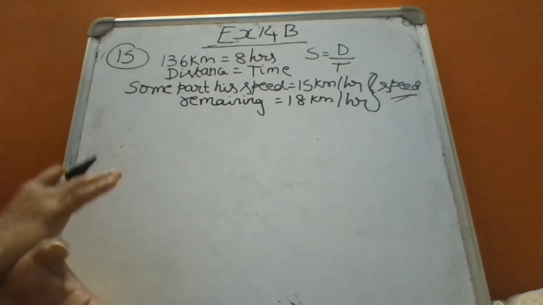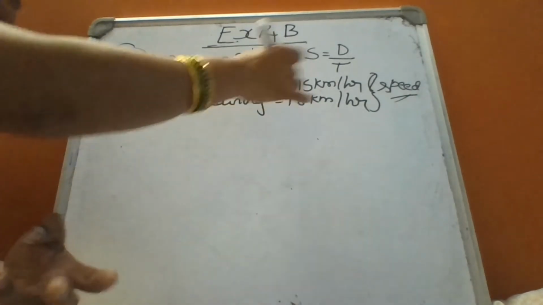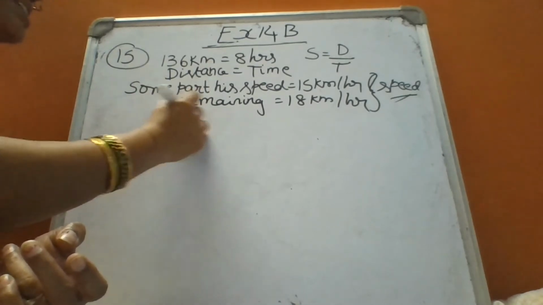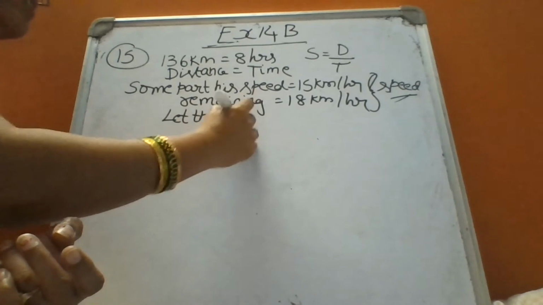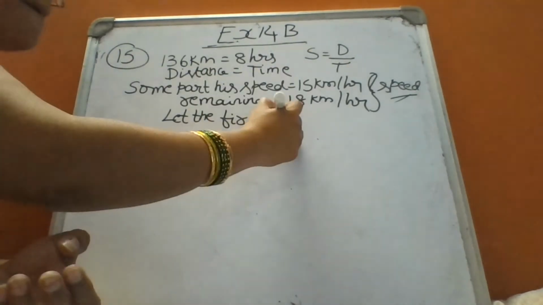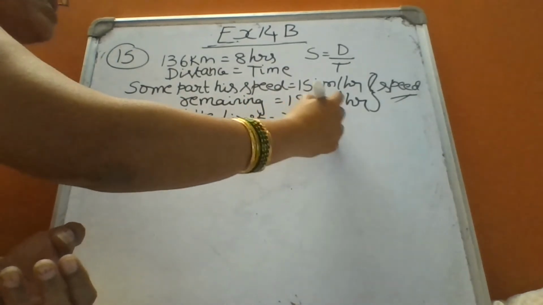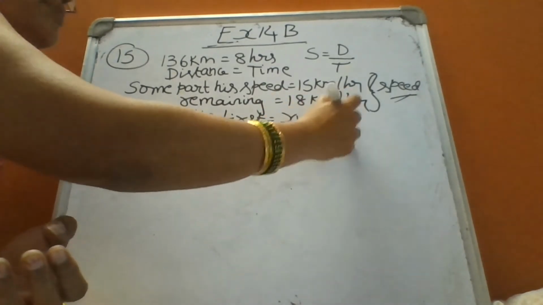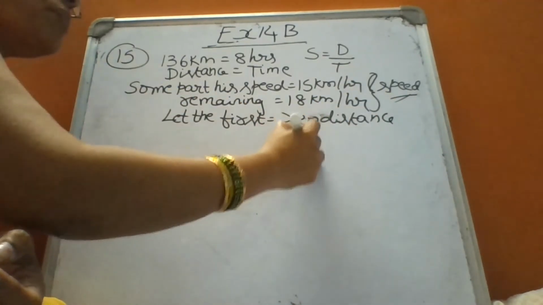So, we will take the first part, what he covered with 15 kilometer per hour, let that distance be x. This x kilometer distance is covered with 15 kilometer per hour.